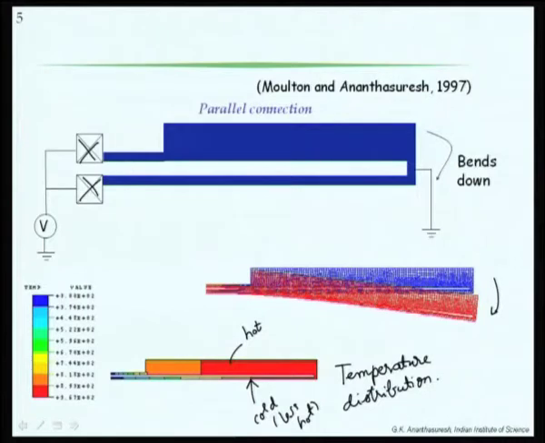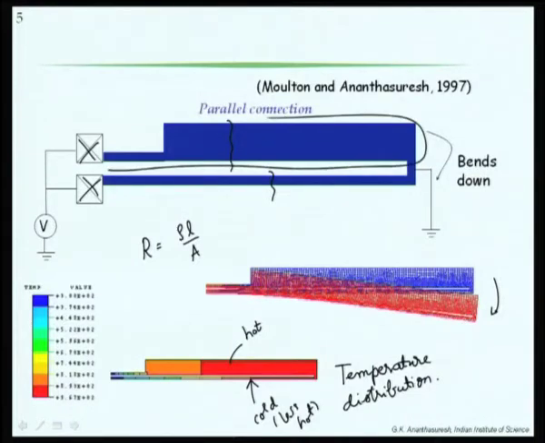Now, when you look at this and this as two separate resistors, more current will go through this, because the resistance of this portion will be less than this, because resistance is rho L by A. Here the area of cross section is more than the area of cross section here. So, the top portion's resistance is going to be lower. So, that draws more current than this. So, the total current that comes here has to split from here to here, more current goes to this one rather than this, and that gets hotter than this other side, bends down.